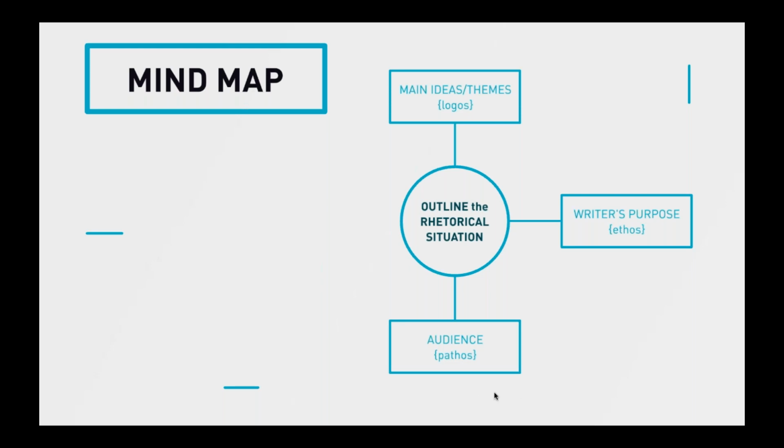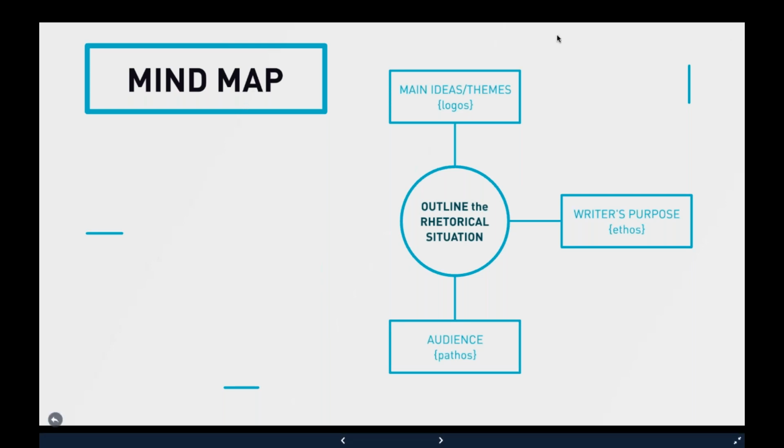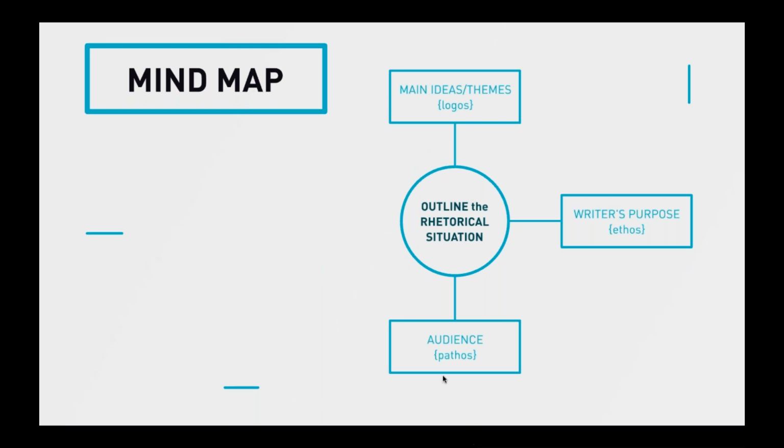You can avoid all three of those kinds of comments by making sure you map ahead of time your main ideas and themes, which we call logos, your purpose as a writer, why are you writing this piece, or your ethos, and your audience, or the pathos that you'll include. Who you're writing it for should largely determine what kind of style you use. For example, if you're writing it for a professor, we want to avoid things like contractions or informal language. This could lead to offending our professor, which could lead to a reduction in points.